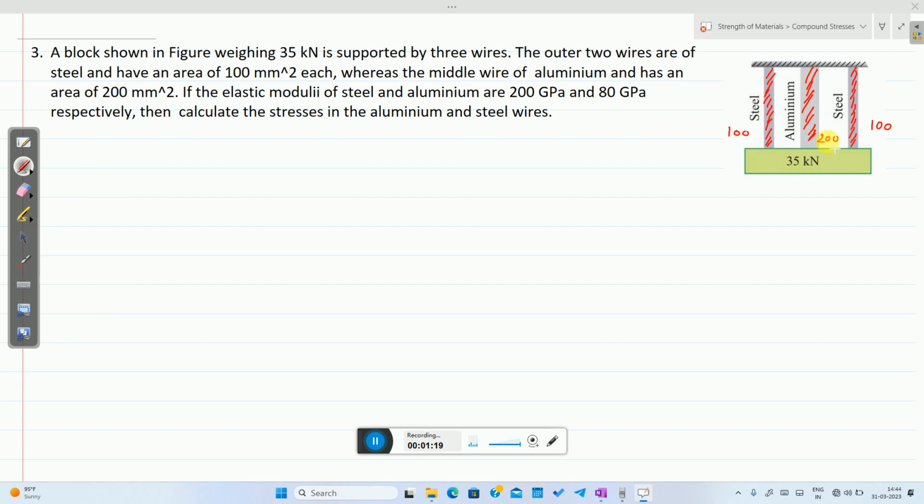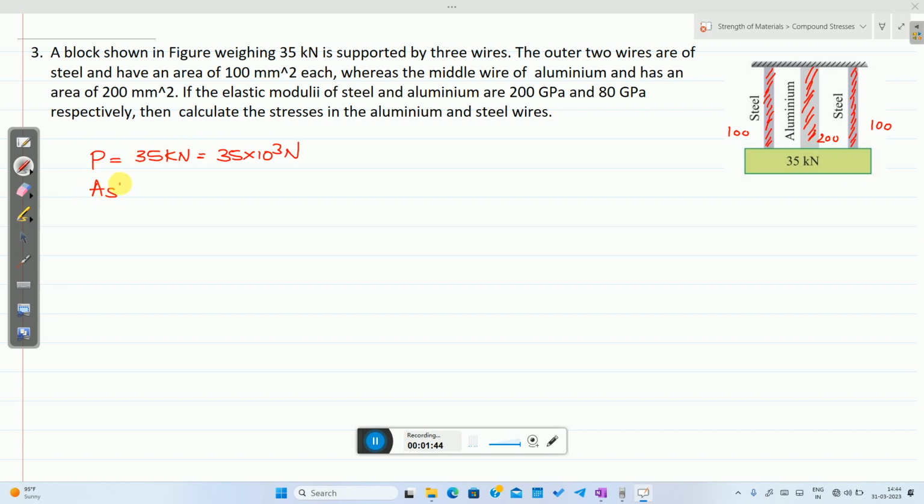And this arrangement is carrying a load of 35 kilonewton. So P equals 35 kilonewton, so 35 into 10 raised to 3 Newton.